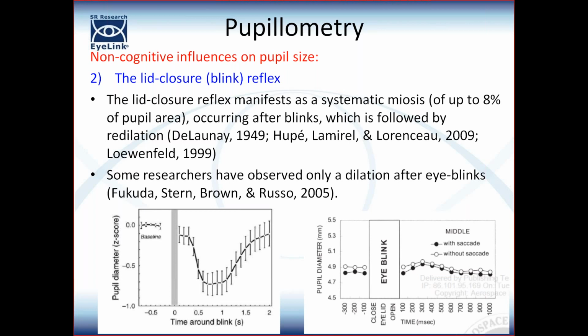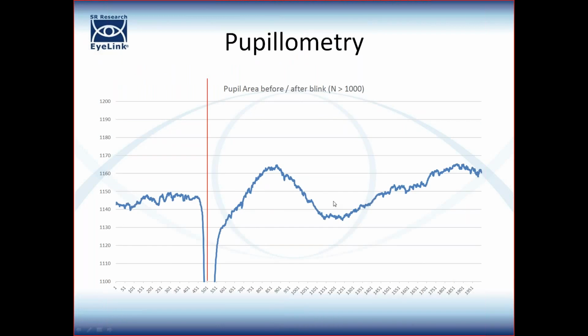Or you may stare at a dot on the screen and then look at another dot, and at some point during that process you also blink. So these are things to watch out for, and we will look at them when it comes to the data. But as you can see, there are clearly changes in pupil size that occur after blinks. I actually took a quick look at a whole random selection of data, just exported hundreds and hundreds of trials.